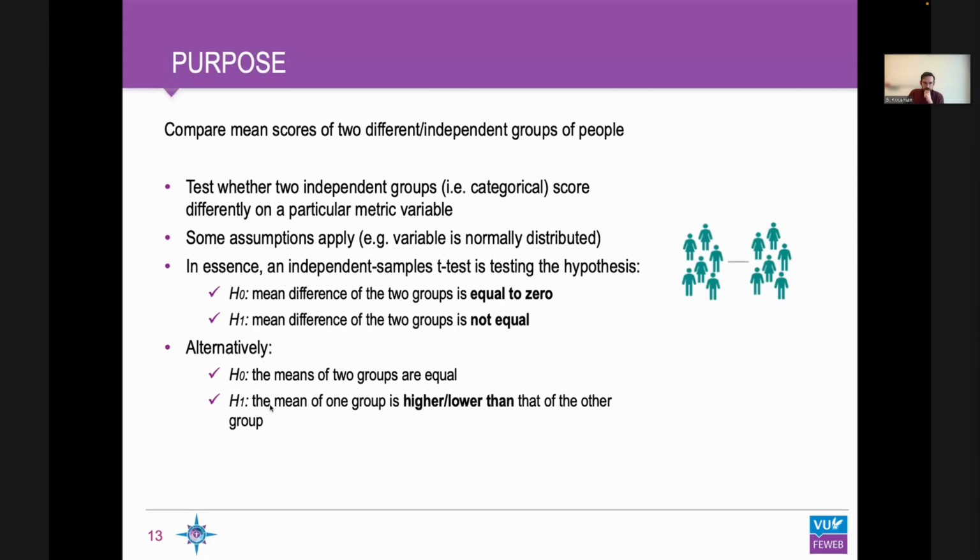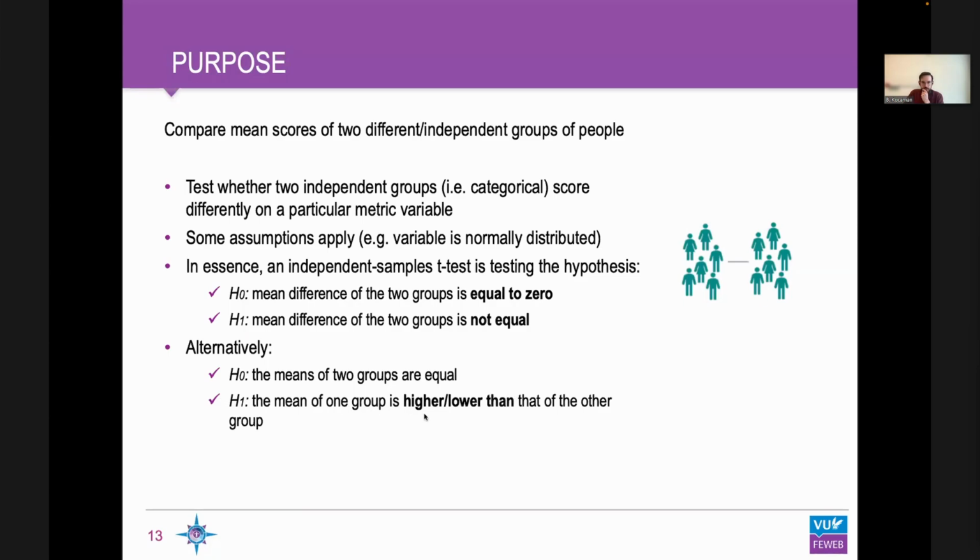And the alternative hypothesis in this case would be that the mean of one group is higher or lower than that of the other group, or not equal to. I should update these slides to not confuse you.